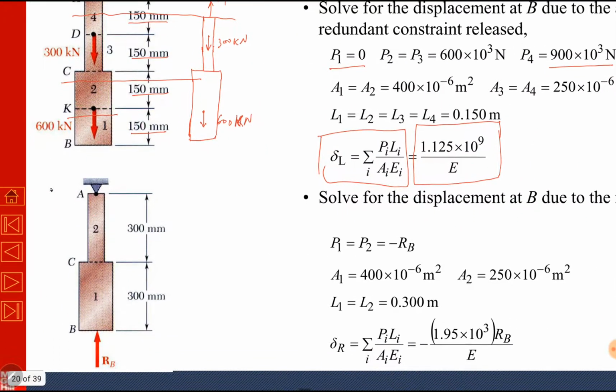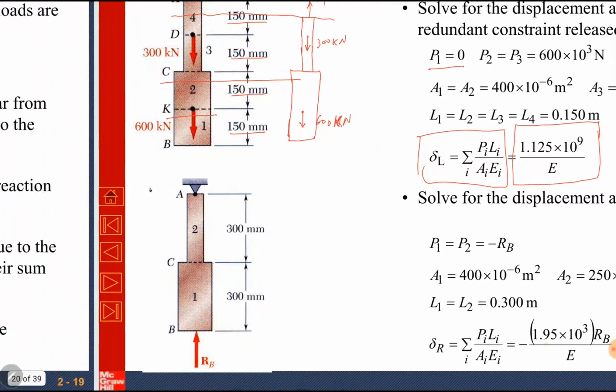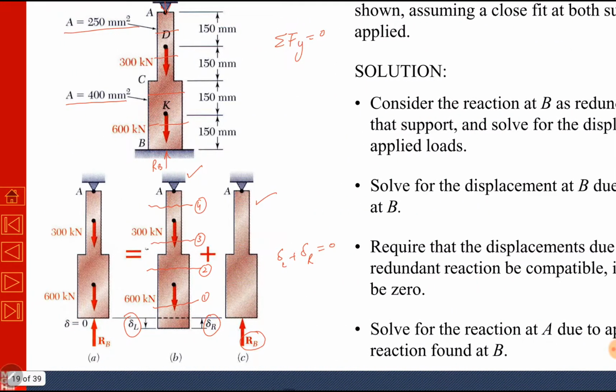Now we have to find delta R. From this diagram, we have to find delta R. There is only one force, RB. Area has been changed, so we have to section this rod at two places. One is before the area change and then after the change of area. There is no other force, so there will be no other section. So this is section 1 and this is section 2.